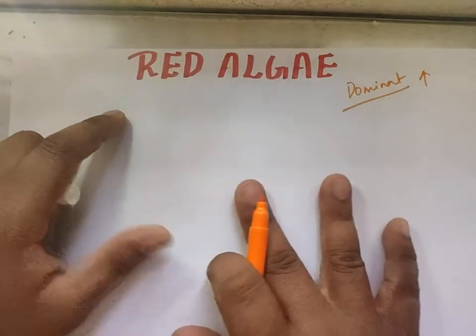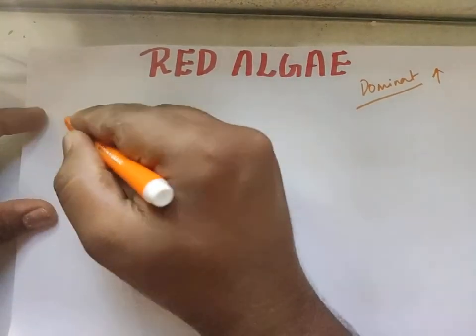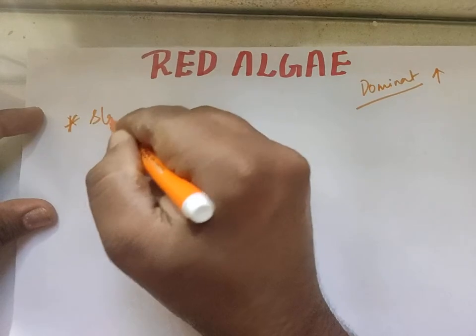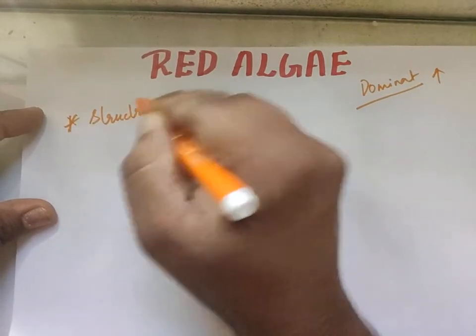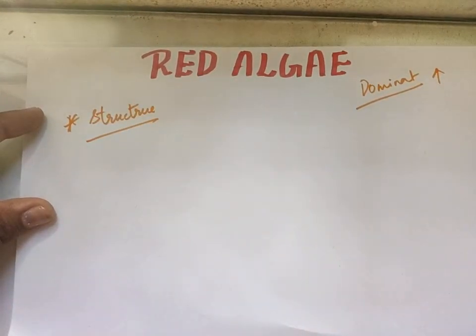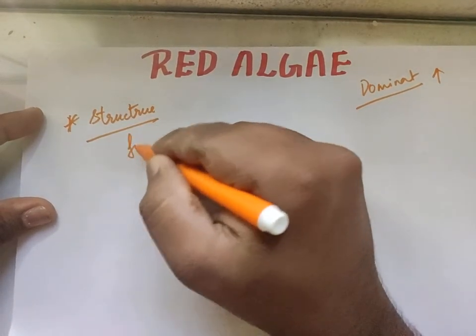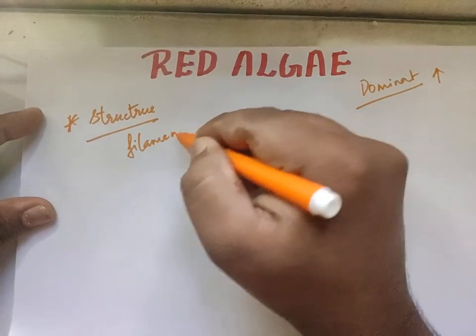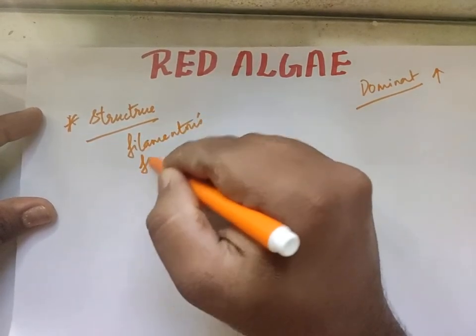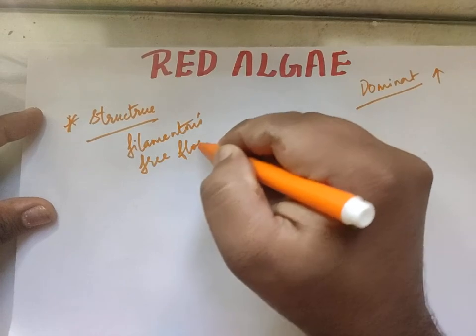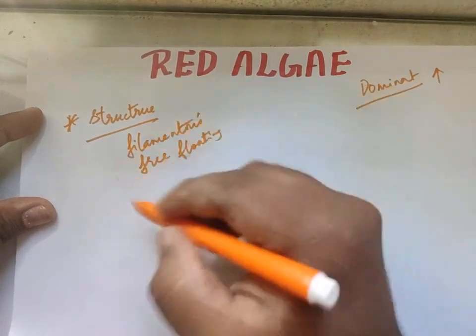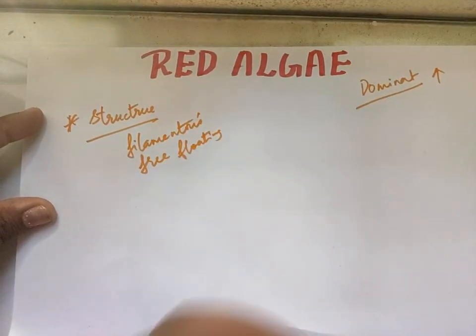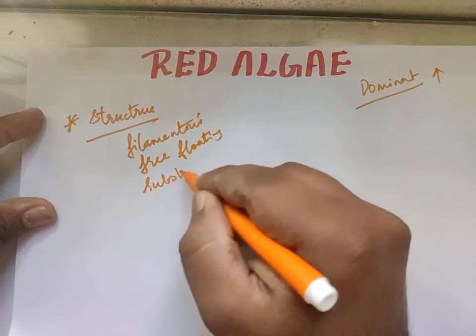First of all, let us see its structure. If you see the structure, most of the red algae you can find in filamentous form, and some are free floating, whereas some are attached to the substratum.